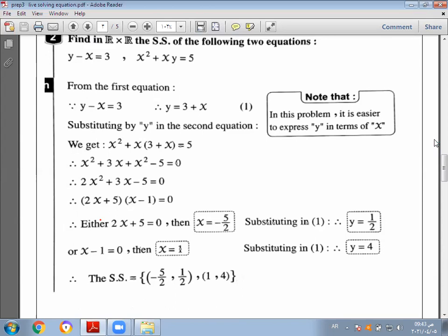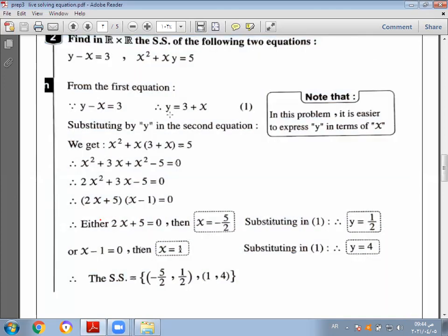We can replace the first degree equation in the second degree equation, or express y minus x equals 3.